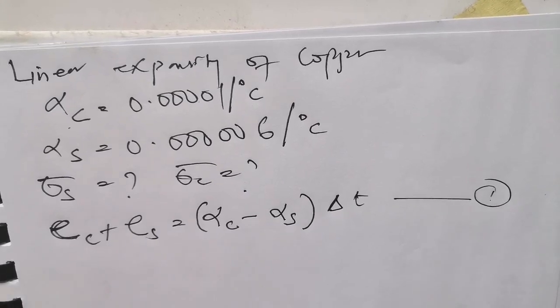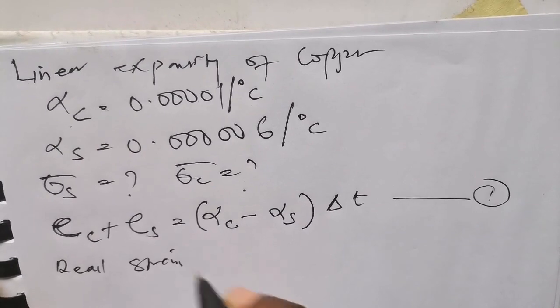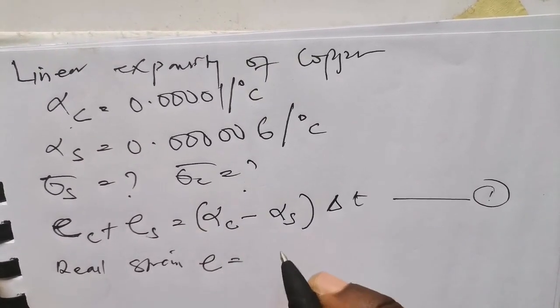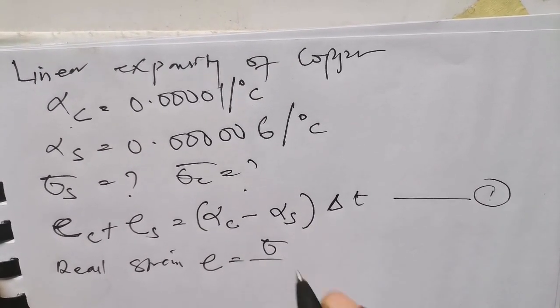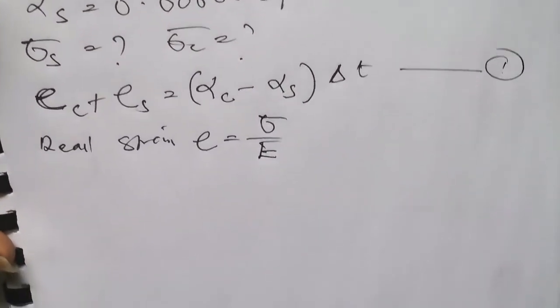But you recall that strain is equal to the stress of a material over the Young's modulus of that given material. So that simply means we can rewrite this equation.